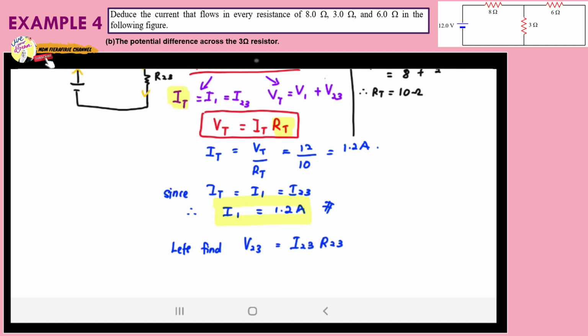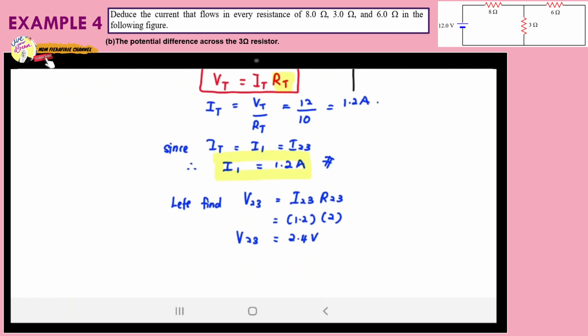I23 is equal to 1.2 ampere, and the resistance R23, kita dah kira tadi, R23 is equal to 2. Therefore, V23 is equal to 2.4 volt.